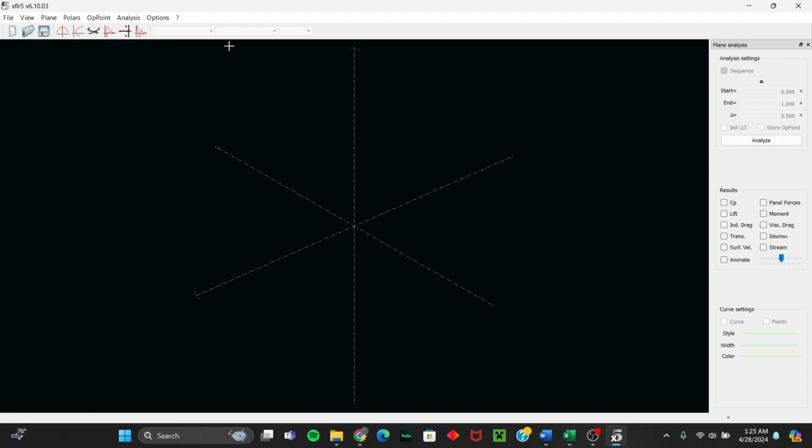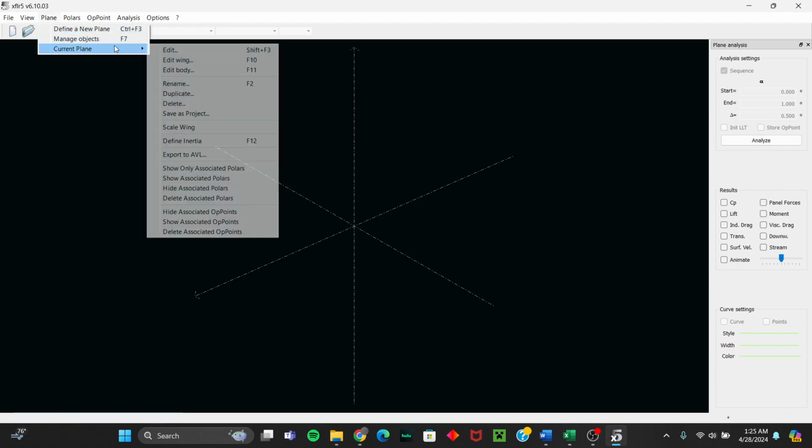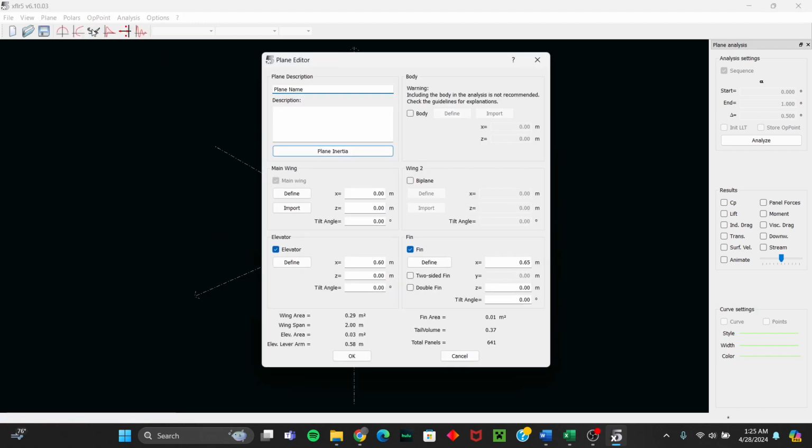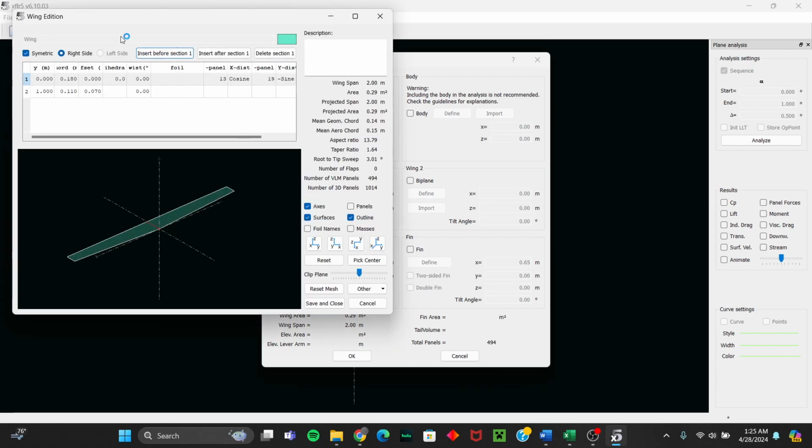From the wing and plane design, this is where we actually get into plotting the tapered wing with the aspect ratio of 12. So we go here to define a new plane, remove fin and elevator, and define the main wing.